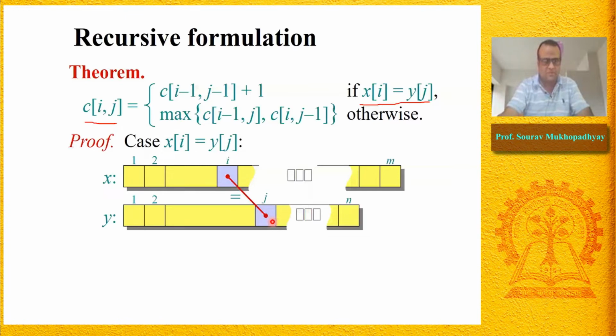But how to prove that? So that we have to see. Can you visualize the proof? So this is our i minus 1, just one index less. Yes, please. Any idea why it is true? Here we have xi and yj the same, so we already have one common length, so 1 plus the i minus 1, j minus 1.